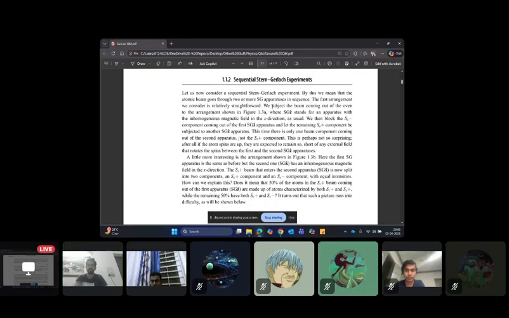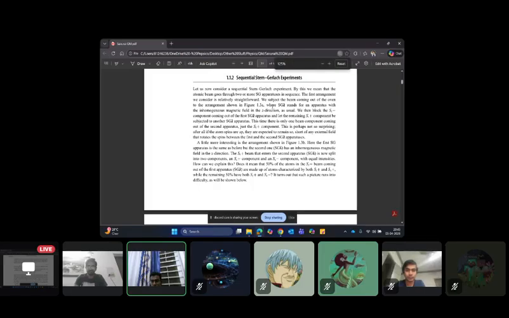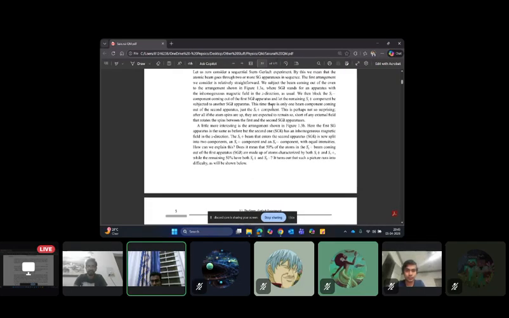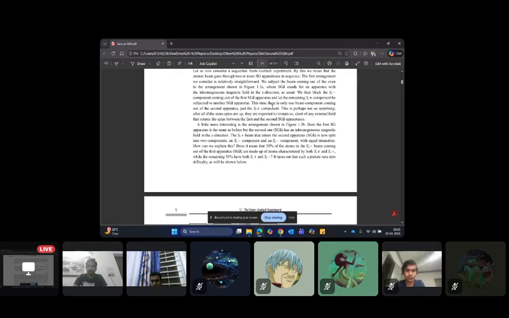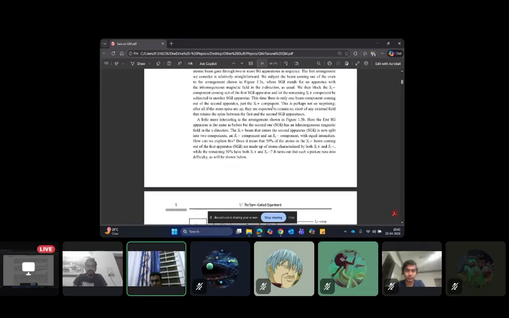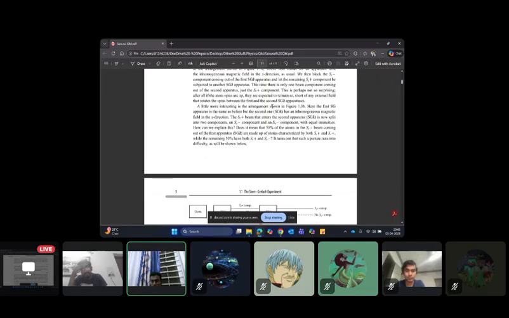So we then block the Sz minus component coming out of the first SGZ apparatus and let the remaining Sz plus component be subjected to another SGZ apparatus. This time there is only one beam component coming out of the second apparatus, just the Sz plus component.